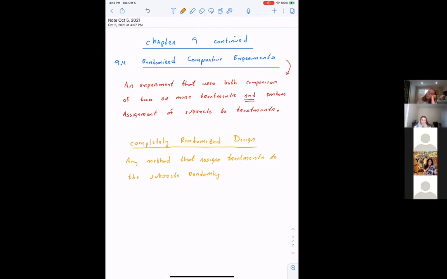What will be one method, by the way, of assigning drugs randomly? What's one method that I can use?